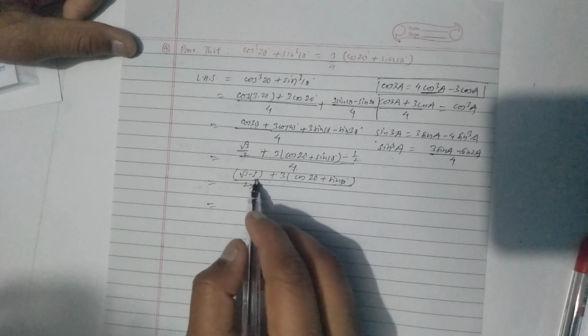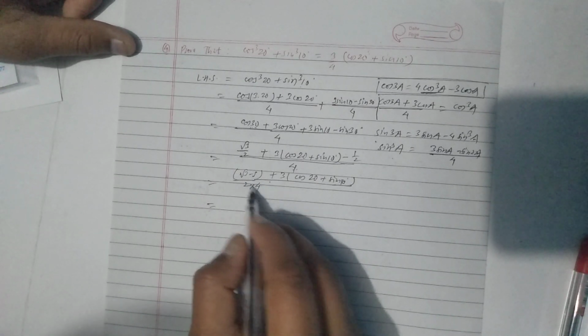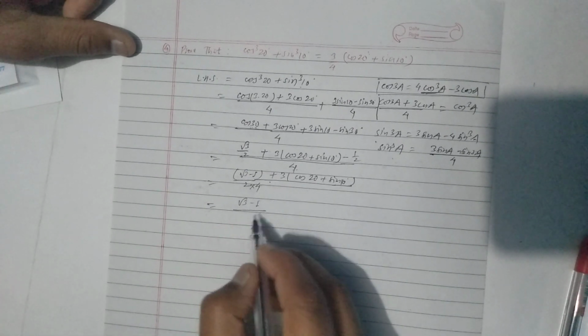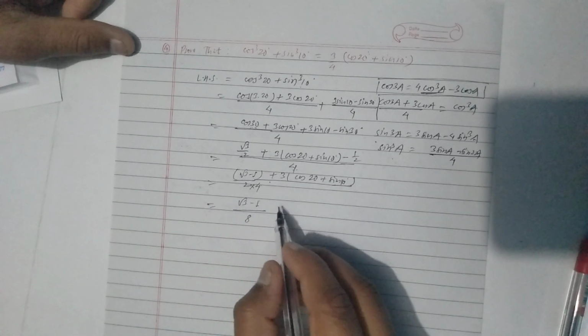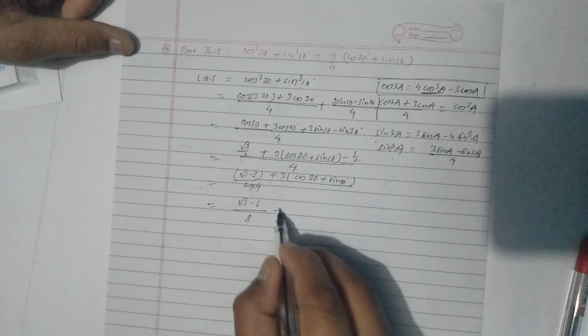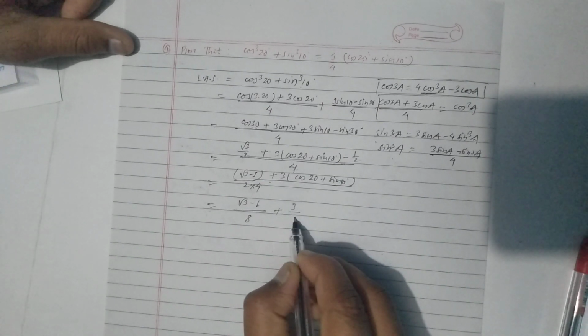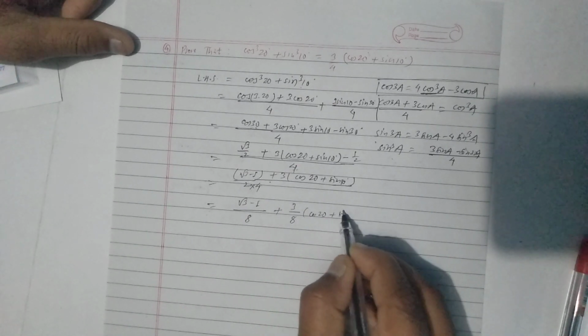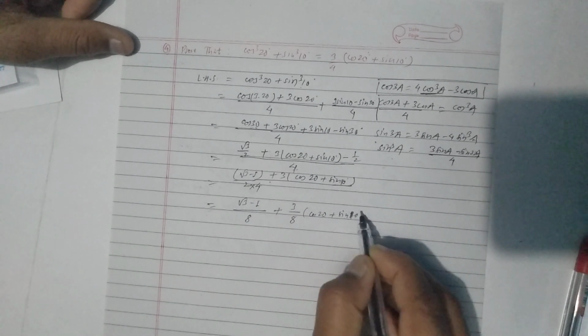Then the remaining value will be root under 3 minus 1 upon 4 into 2 means 8. This is 3 upon 8 into (cos 20 plus sin 10).